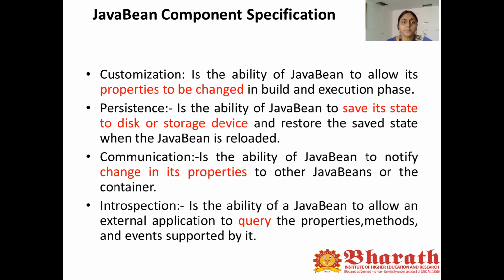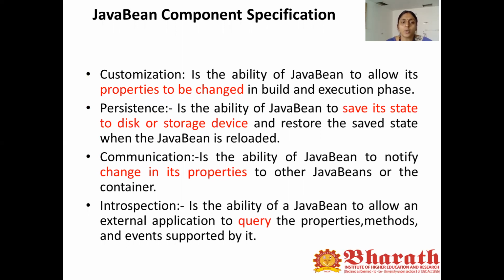The next specification is persistence, which is the ability of the Java Bean to save its own state to disk or a storage device, and thus restore the saved state when the Java Bean is reloaded.